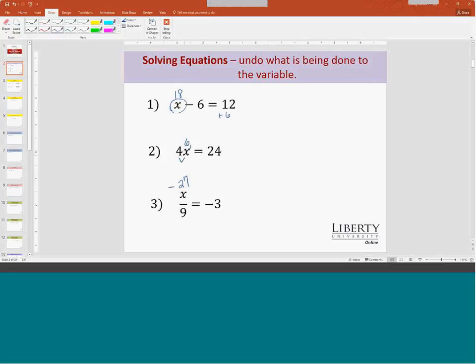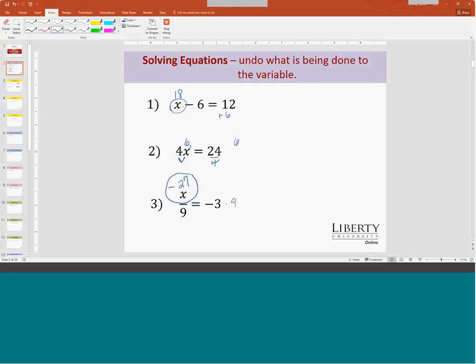For 4 times some number equals 24, if I divide 24 by 4, I know that's going to give me 6. And I know there is a number that, when divided by 9, gives me negative 3. So if I multiply negative 3 by 9, that gives me what x is, negative 27. This is the very beginning of teaching you the steps of solving equations.